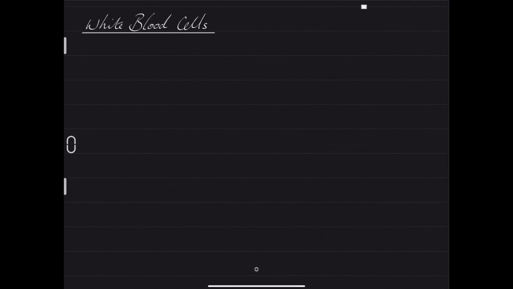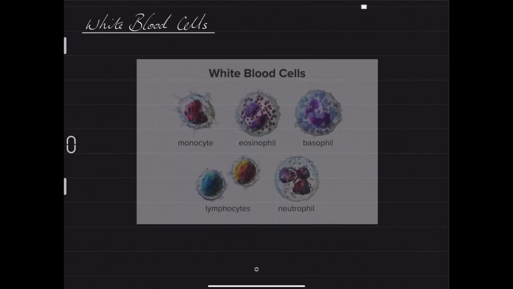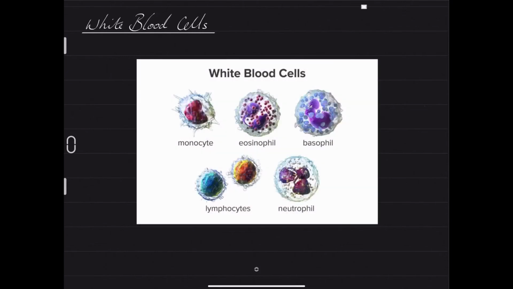And they also have a nucleus which forms part of the immune system response. Here you can see a typical diagram of a white blood cell. So this image here shows various types of white blood cells, and you can notice that there is a significant difference in terms of the structure of white blood cells with their nucleus.